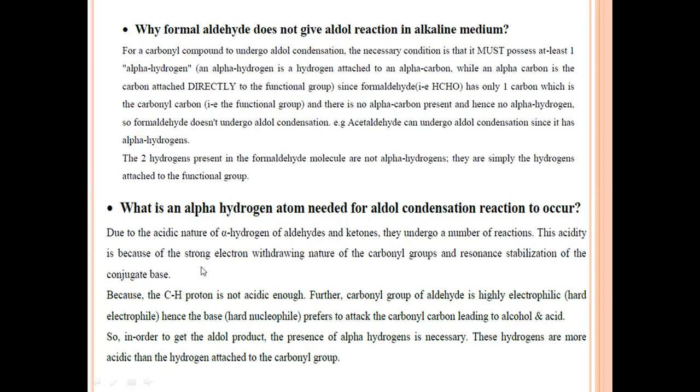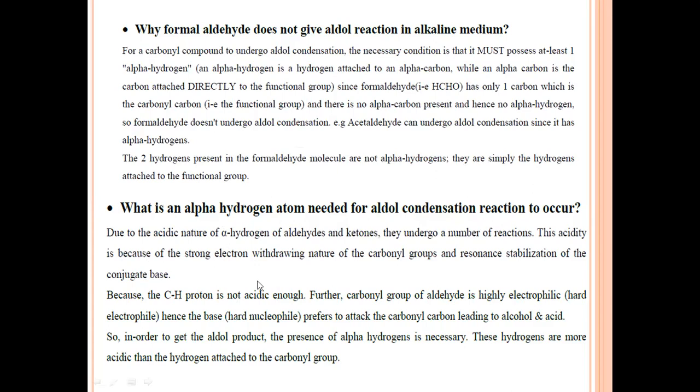Now, what's the reason why the aldol condensation reaction requires the presence of an alpha hydrogen atom? To form the nucleophile in the presence of a base, that is sodium hydroxide, the sodium hydroxide will abstract a proton from the alpha hydrogen atom, or will abstract a proton from the alpha carbon atom.